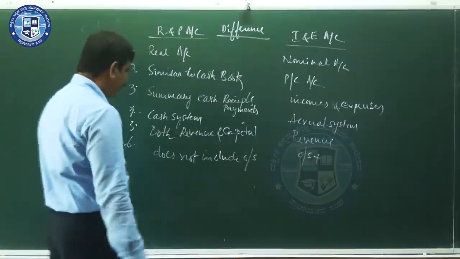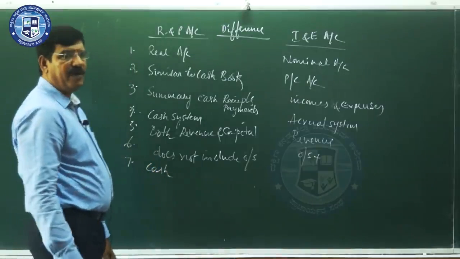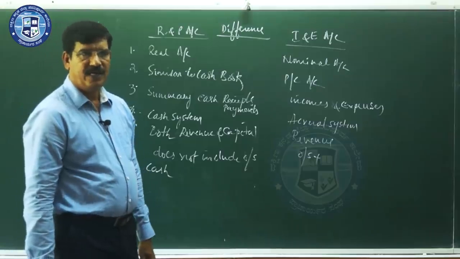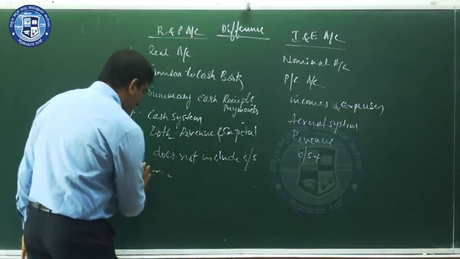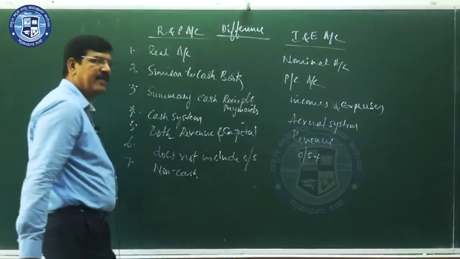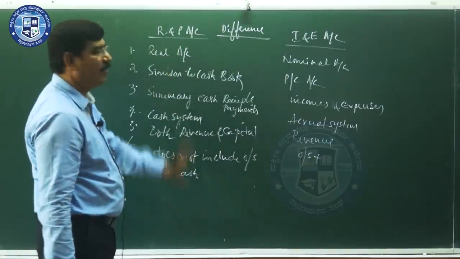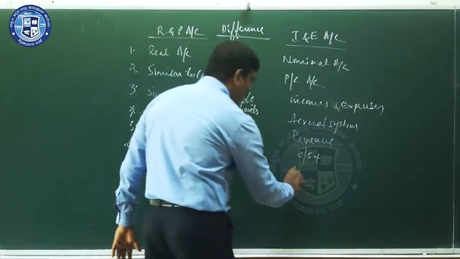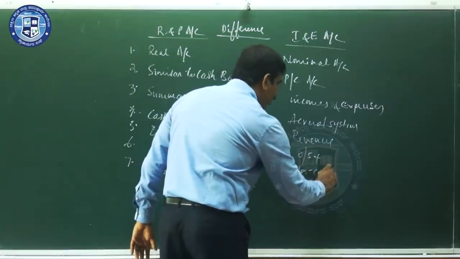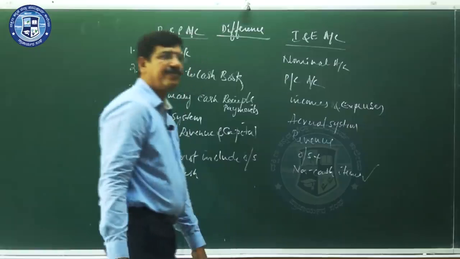And the next difference is receipts and payments account does not include non-cash items. Non-cash items are like depreciation. We are not recording them in the receipts and payments account. In income and expenditure account, we are recording non-cash items like depreciation.